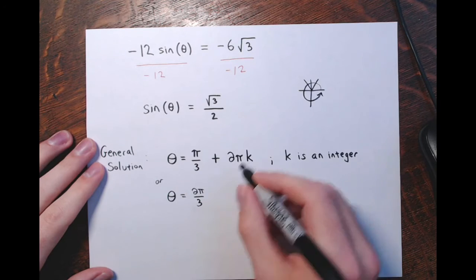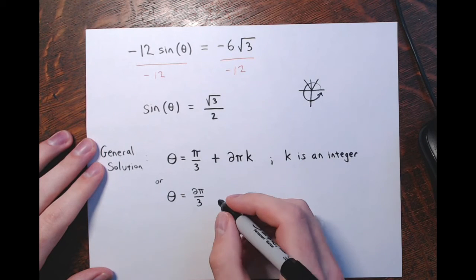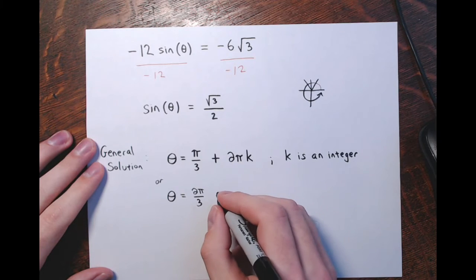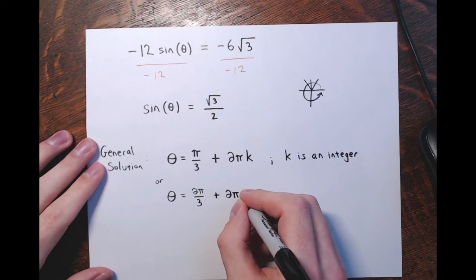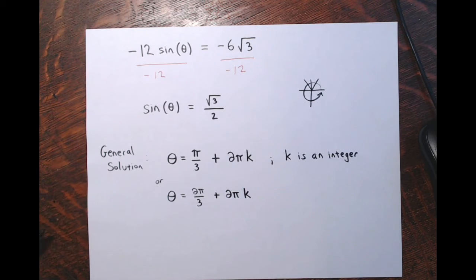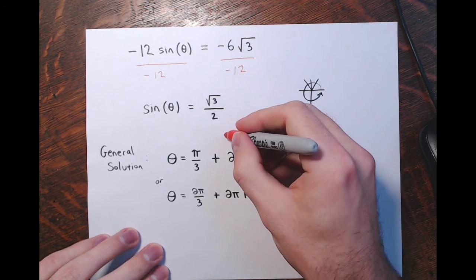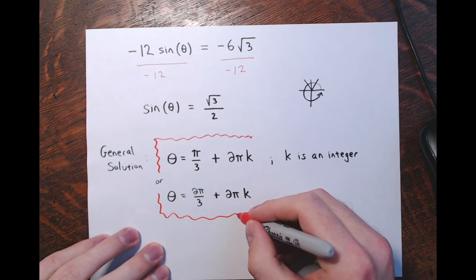And then any angle that's coterminal with this would also have a sine of the square root of 3 over 2. So plus any multiple of 2 pi, so plus 2 pi k. So again, here's a description of all the infinitely many solutions this equation has.